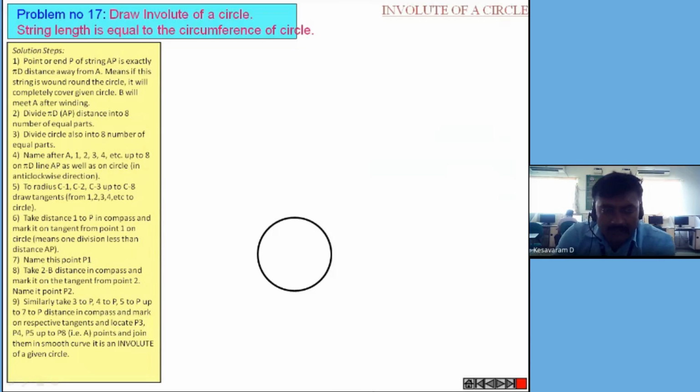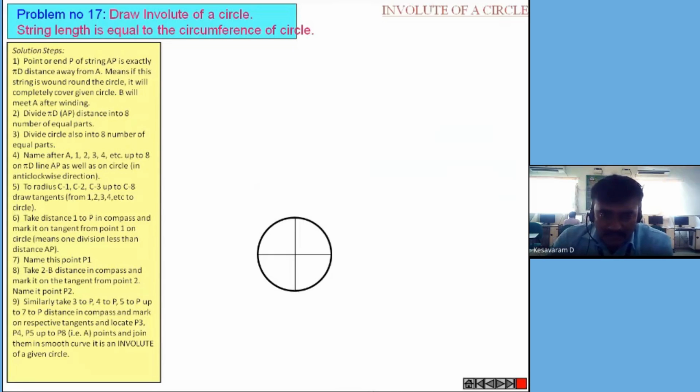For that diameter, we have to draw a circle, and then divide the circle into 8 equal parts. How to divide a circle using a mini drafter, that you should know. You need not bother about dividing the circle using your compass or a drawing protractor; you don't need any of these aids.